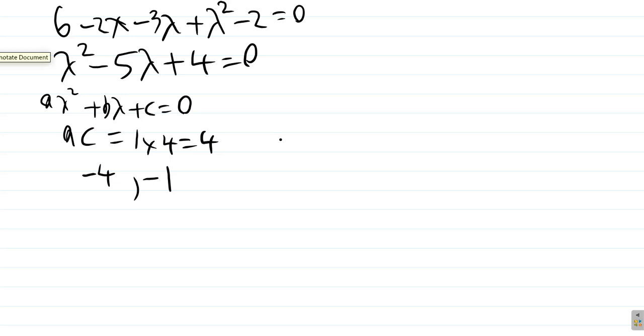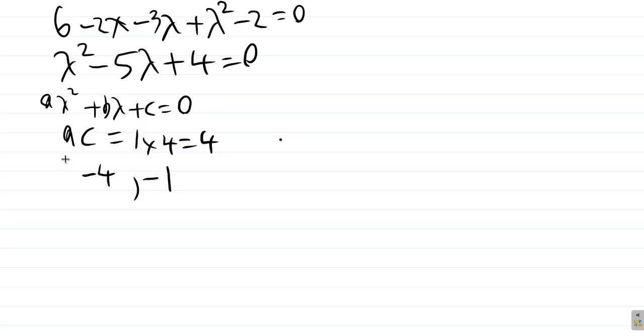If you don't remember the factorization, but you remember the formula, you could solve it. Let me finish this first and then talk about other methods.